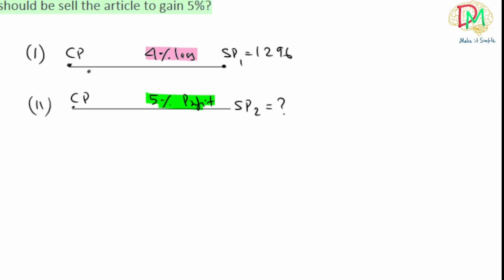In the first case, the cost price is not given; for the first case, 4% loss and sale price SP1 is equal to 1296. For the second case, the profit is 5% and let SP2 be the sale price. So we have to find SP2, correct?